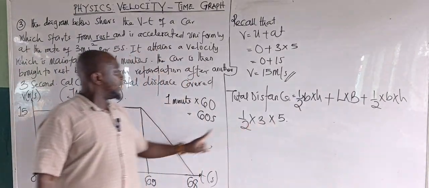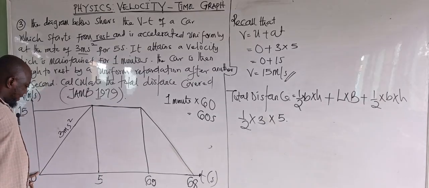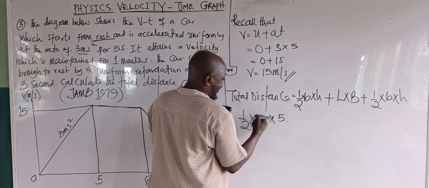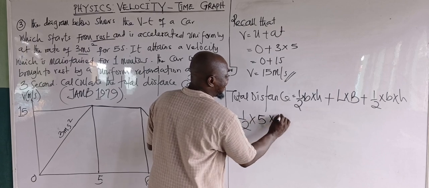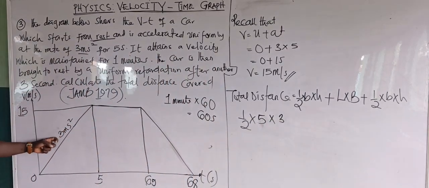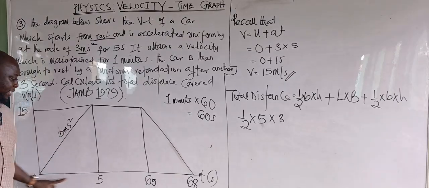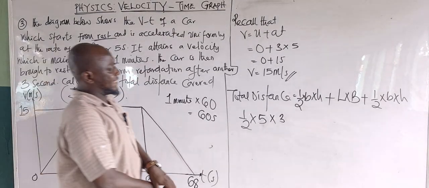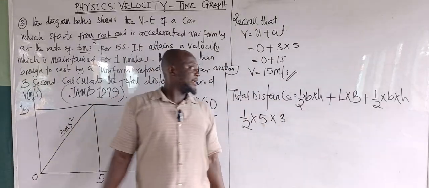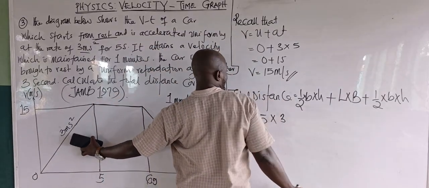Then next up, the base becomes this one. Base, please, is 5, and then here is 3. Please note that very well. This is 3 because this is given. This is what we are going to use, the base, and then this becomes the height here because that is given. If it was not given, we are going to be using this 15. So that was given, for only this first diagram, please note that.